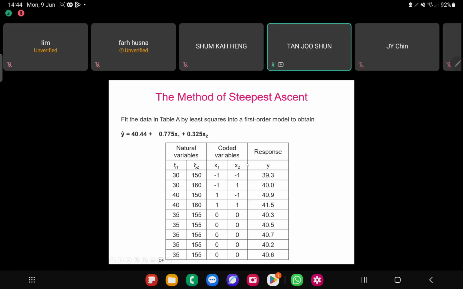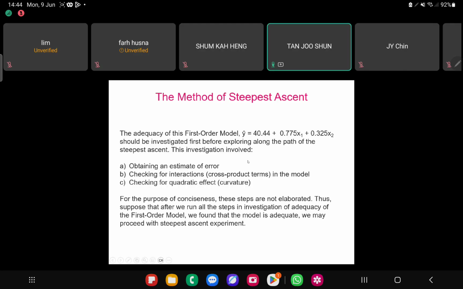By using this first order model, you can do the steepest ascent method, the method of steepest ascent, to find the range. How are you going to do that?